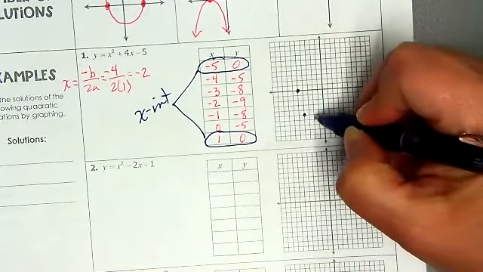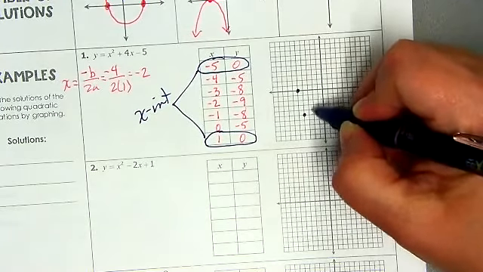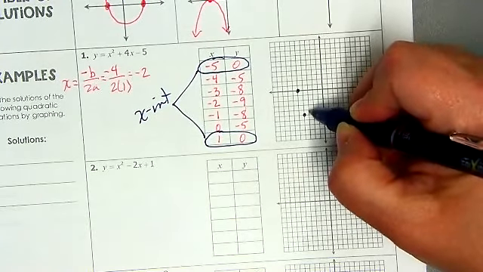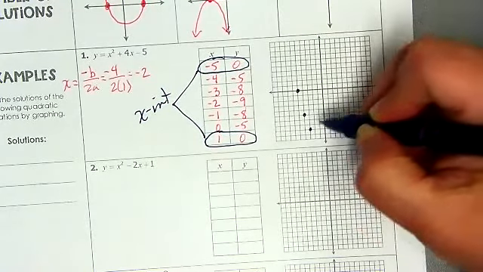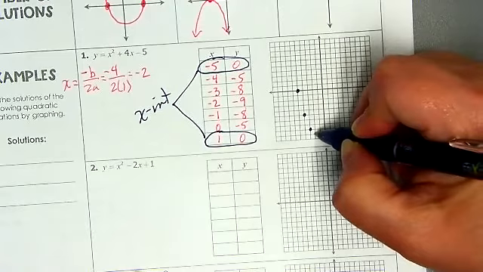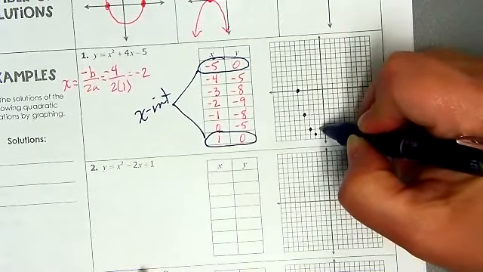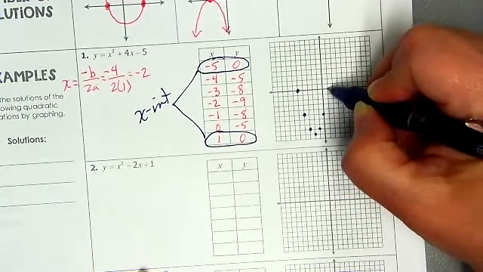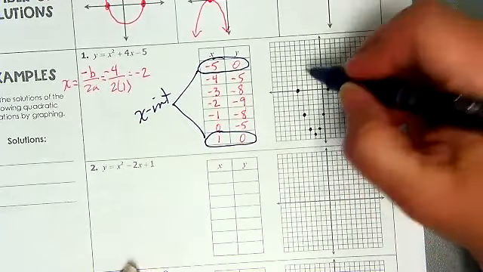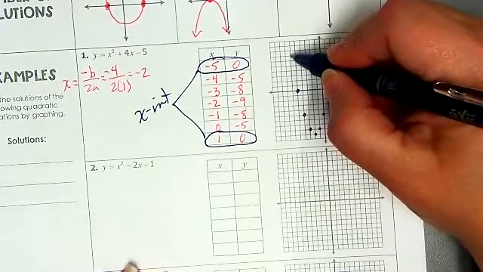Then I have negative 3, negative 8. And then I have negative 1, negative 9. And then everything's going to repeat after that. So I really don't even have to count. I've just got to make sure that I do. And yep, and now I play connect the dots.